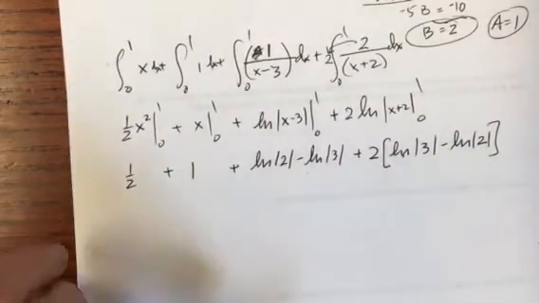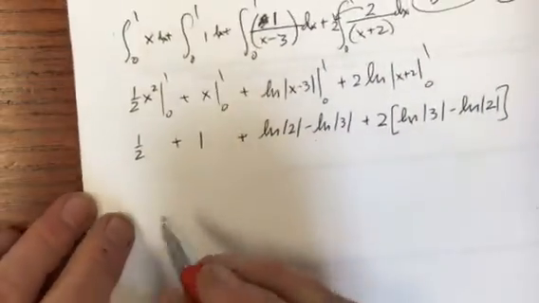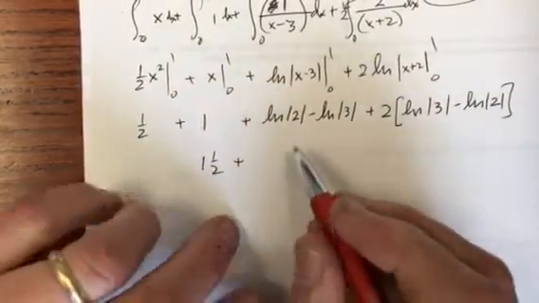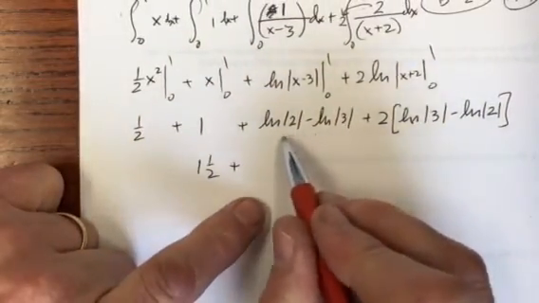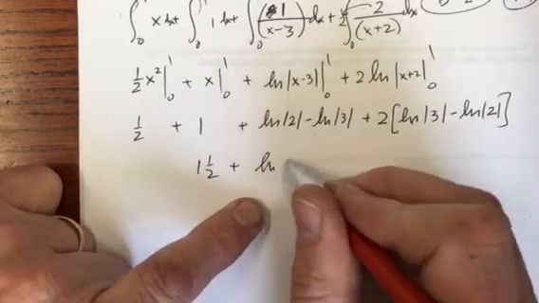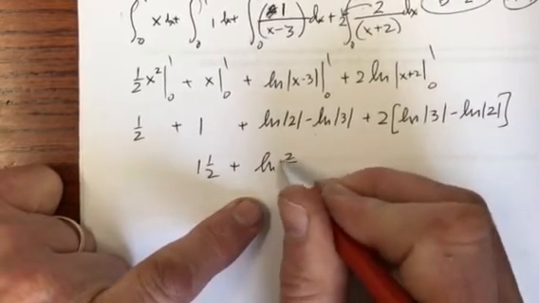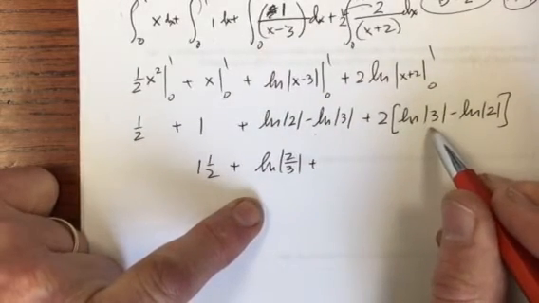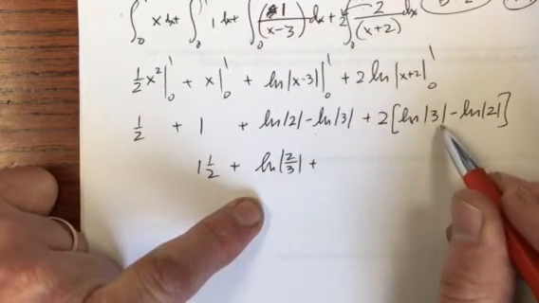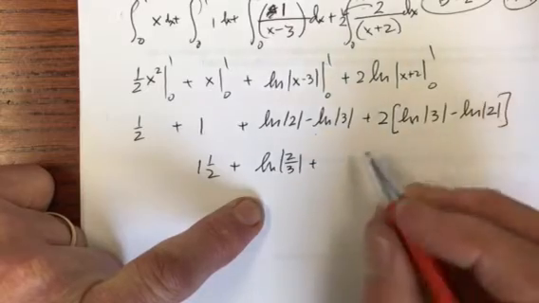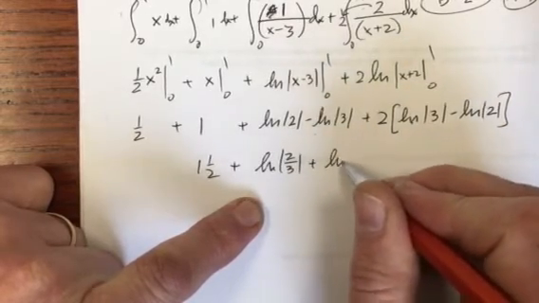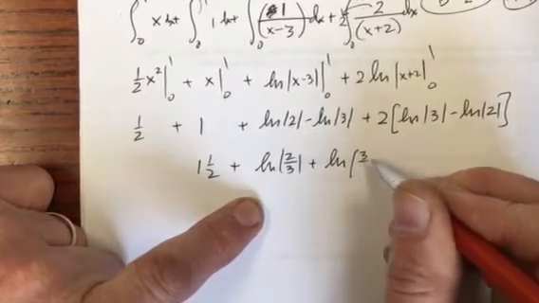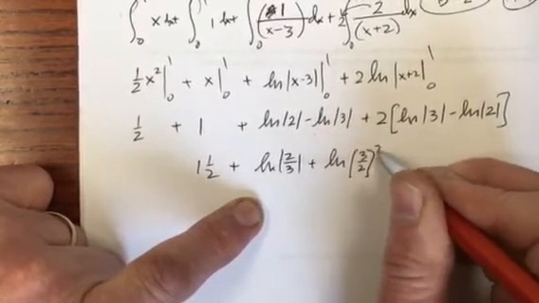And I can combine these guys, so that's 1/2 plus, well, what is this? This is going to be the ln of 2/3 plus, here's the ln of 3/2 times 2 as an exponent, so that's going to be the ln of 3 over 2 squared.